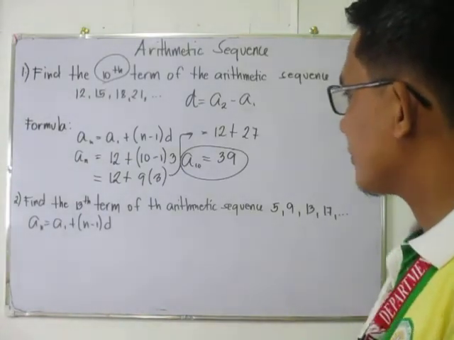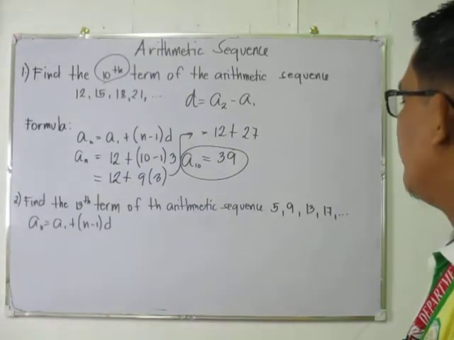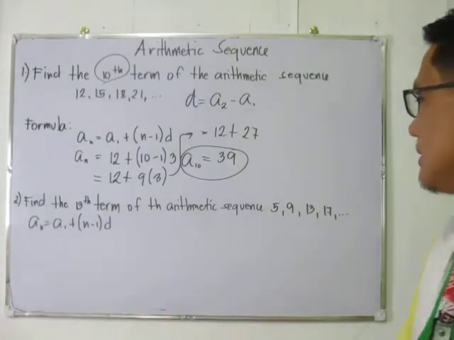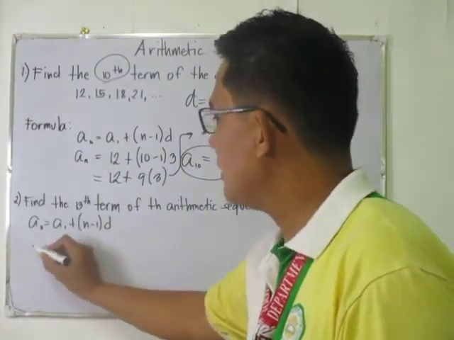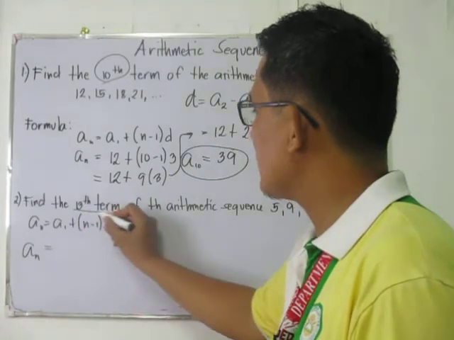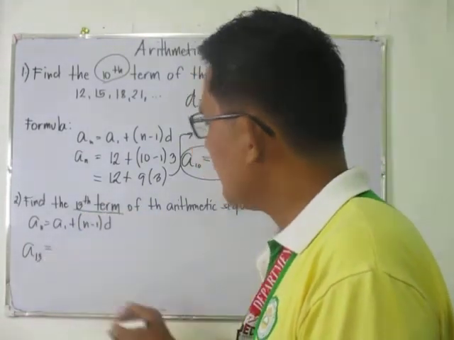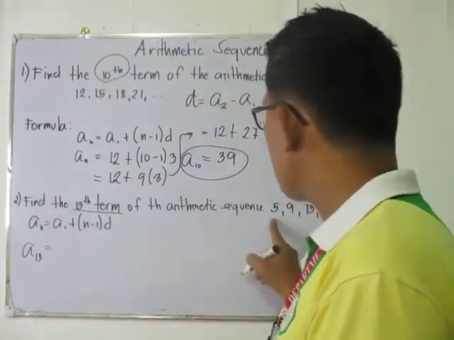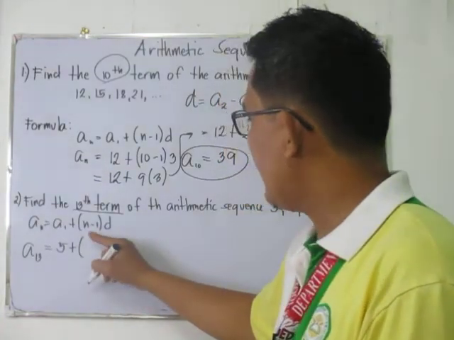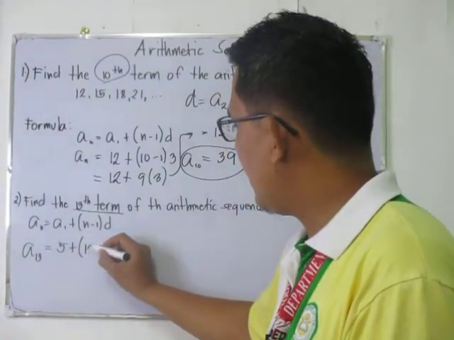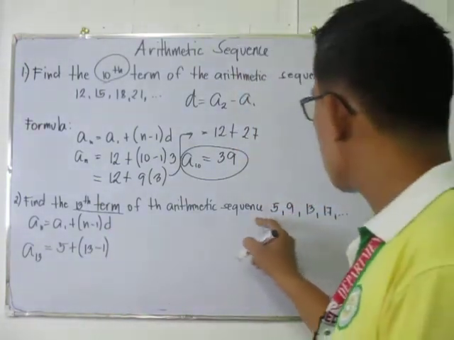Second problem. Find the 30th term of the arithmetic sequence 5, 9, 13, 17. Okay, the same. We're going to identify. We don't have a sub n since what is asked is the 30th term, so this now becomes a sub 30. Our a sub 1 is 5 plus n, which is 30, minus 1 times the common difference, and subtracting gives 4.